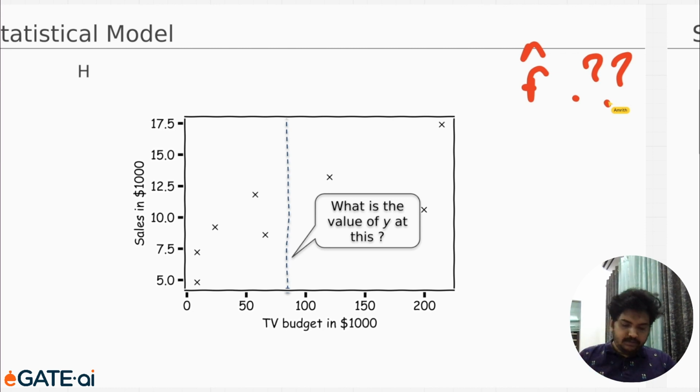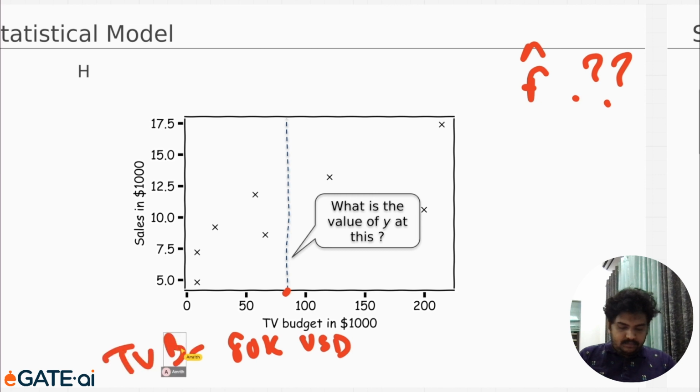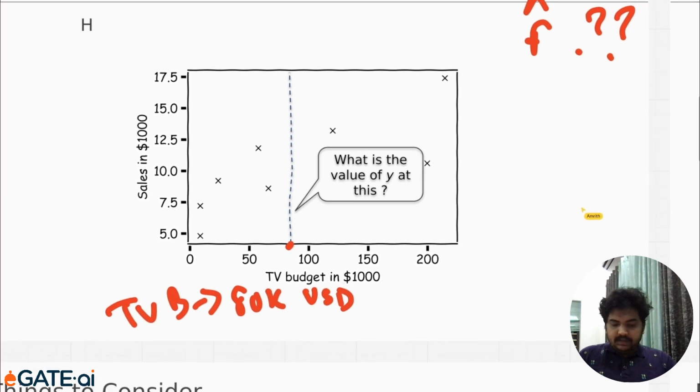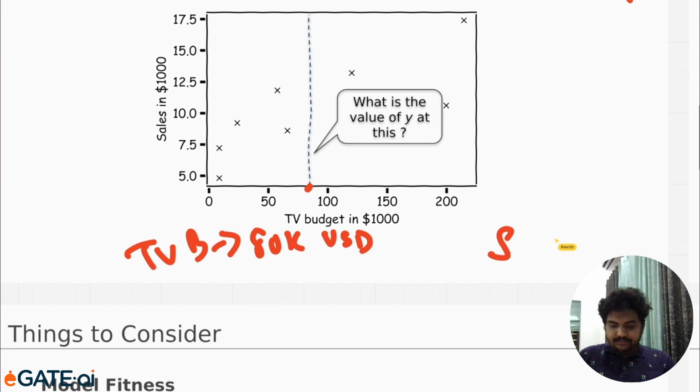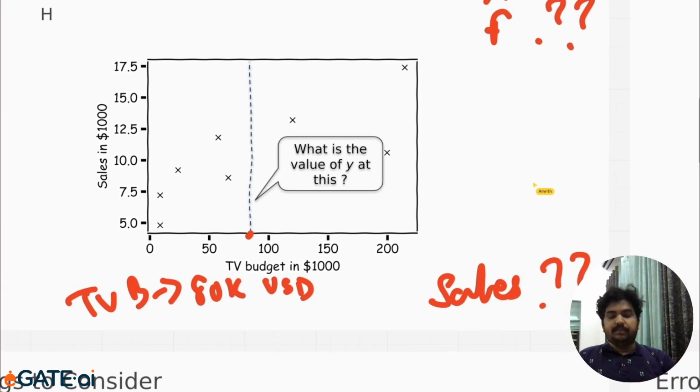For example, if I have to know, if I spent $80,000, then what will be the corresponding sales? And how do I predict it? I predict it using the data that I have seen in the past, which are already the cross marks here.